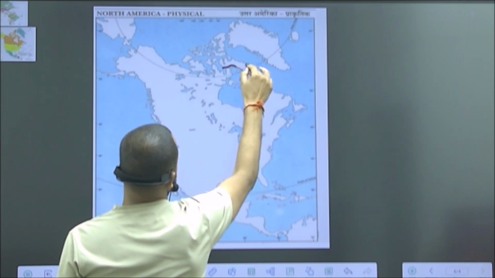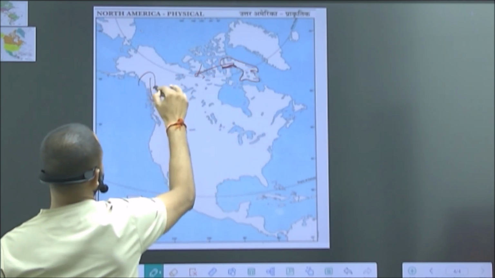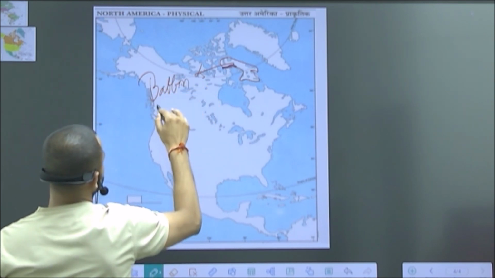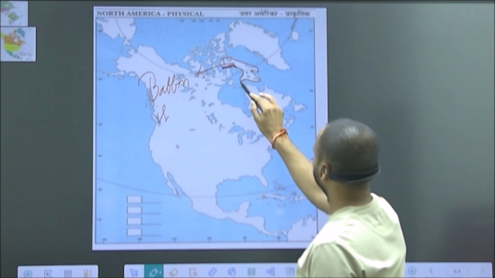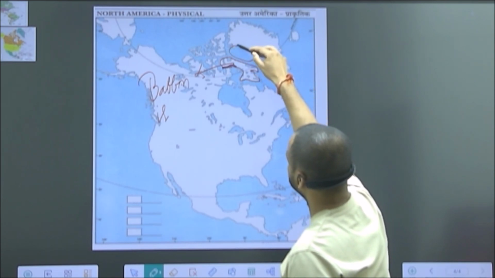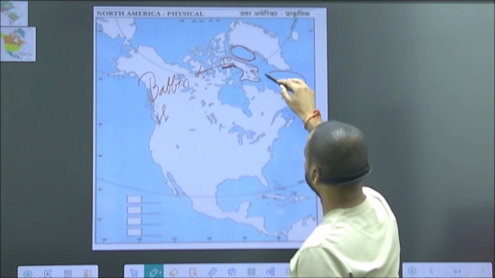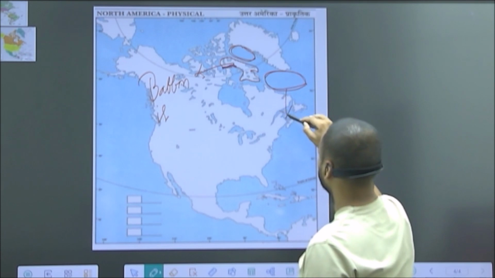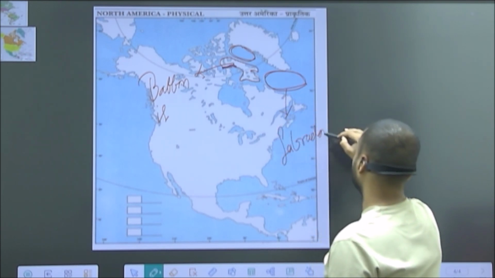This island is known as Baffin Island. I have discussed this is Baffin Bay. This sea is known as Labrador Sea.